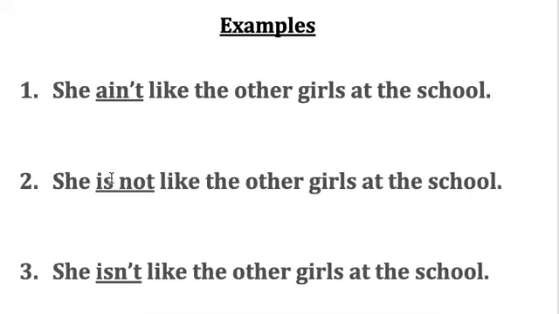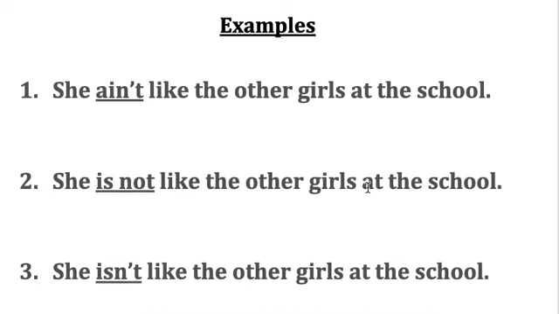So let us understand with a few examples here. She ain't like the other girls at the school. When I use this word, it's a very informal piece of writing. She ain't like the other girls at the school. So basically here ain't goes with the subject she. So she will contain is.